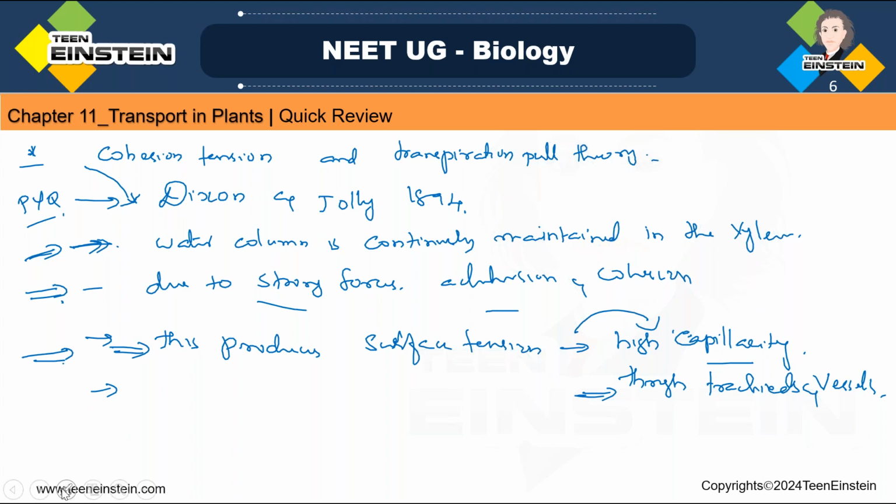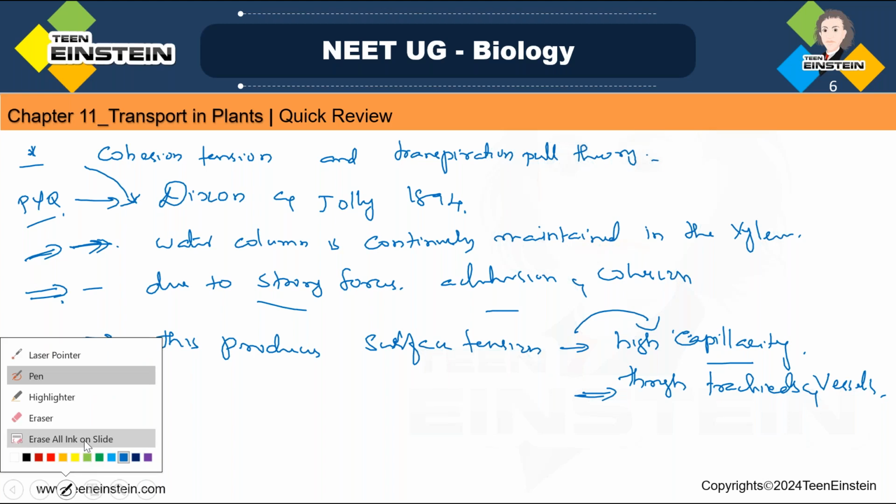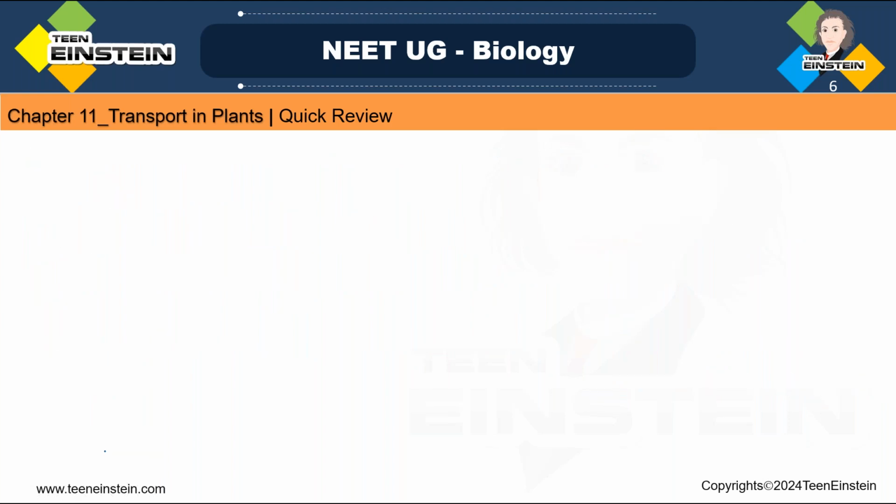And next is transpiration. Here in transpiration, what is transpiration? The process of water movement through the plants, right? And it is the evaporation of water from the aerial parts of plant.